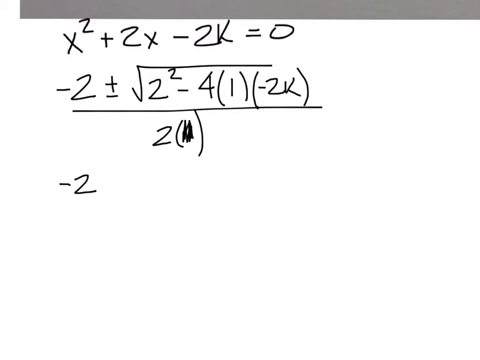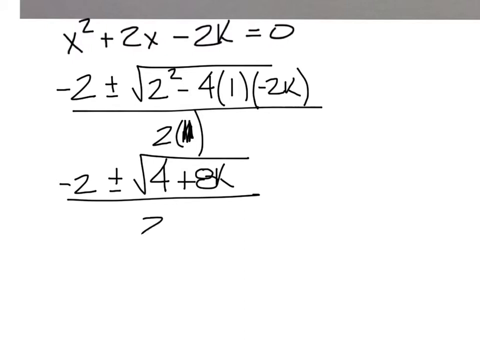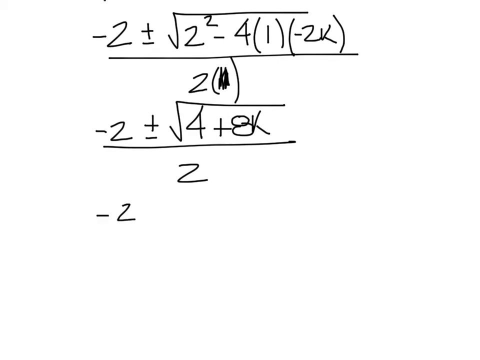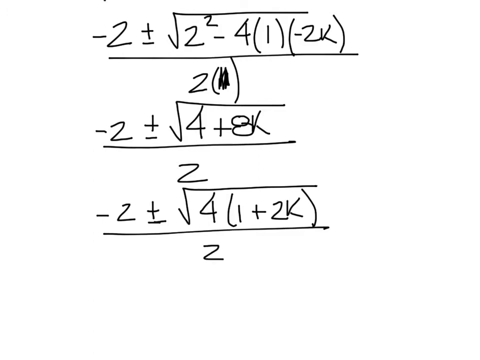So simplify: -2 plus or minus the square root of 4 plus 8k, and then on the bottom you have a 2. Then you can factor everything by 2. You can do -2 plus or minus, and inside the parentheses you'll have 4 factored out like this, and then you'd have to go back and separate it.